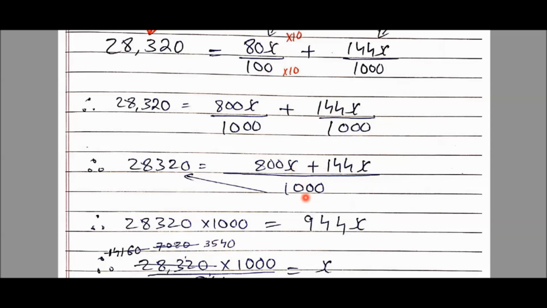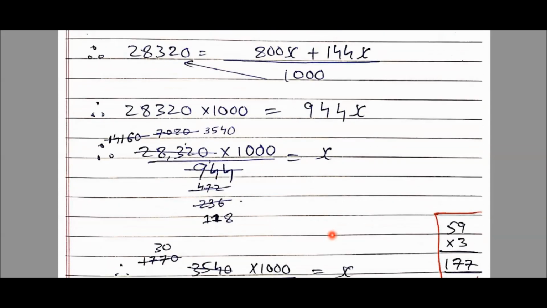This 1000 will be multiplied with 28,320. Don't multiply it, just keep it like this, multiplied with 1000. 800 plus 144 is 944x.